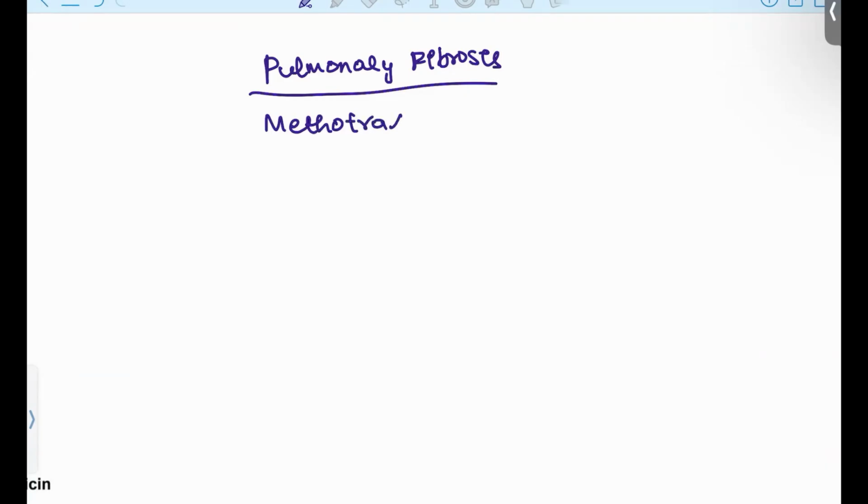When I say pulmonary fibrosis, this can be due to multiple drugs. What are those drugs? We have a mnemonic with vehicles. The first drug is methotrexate, like this is a truck, and busulfan, okay, bus. And the next one is bleomycin, like a horn blowing.